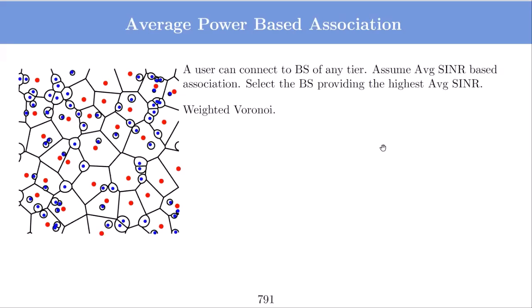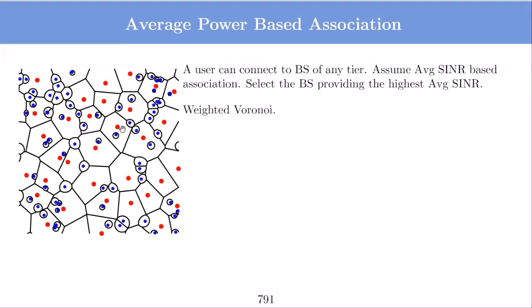So in that case, we get a Voronoi tessellation, but a weighted Voronoi tessellation where the weighting is done by the transmit power. And it would look something like these pictures. These bigger macro Voronoi cells are nothing but the macro tier cells, and these small coverage areas are the coverage areas of the small cells.